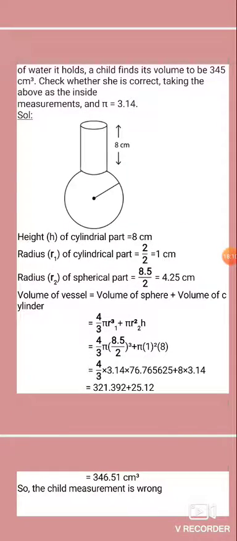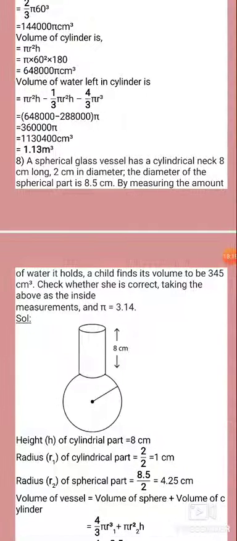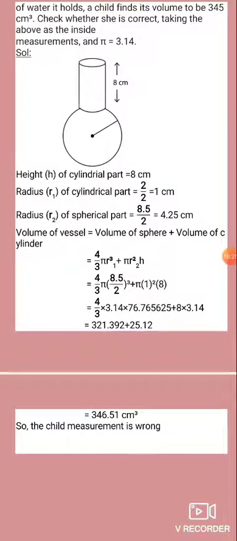Sum is equal to 346.51 centimeter cube. So here the given volume, what is that volume given? 345. But at last what we get? 346.51. So the child's measurement is wrong. Clear, students? Okay, thank you.